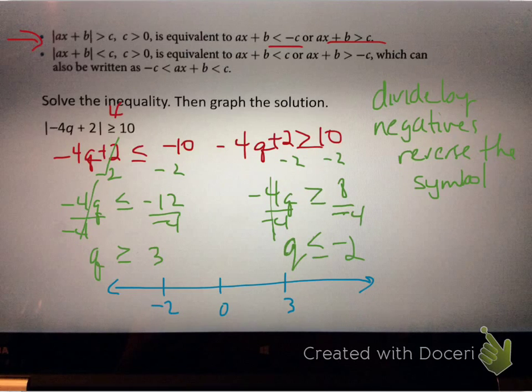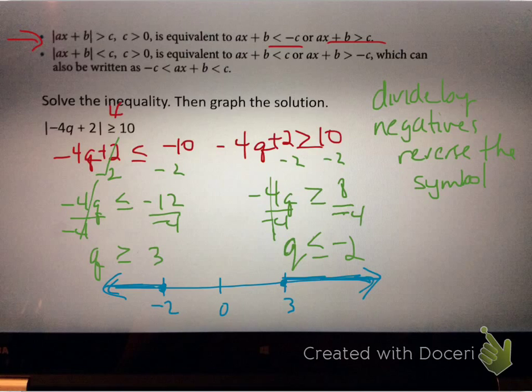We do have the equal sign, so in both cases they will be closed points. If we look at q greater than or equal to 3, we would shade to the right. And for less than or equal to negative 2, we will shade to the left.